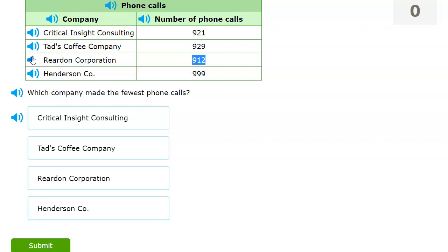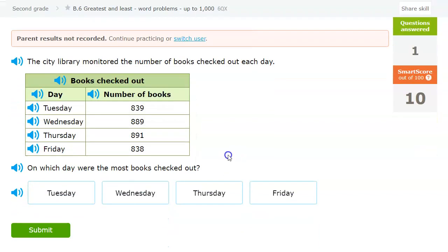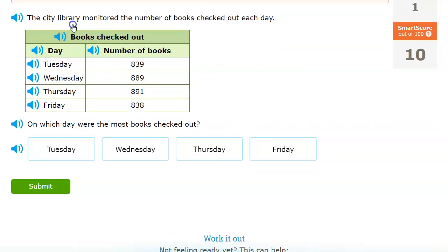Reardon Corporation. But that doesn't really matter, as long as you find the same one down here. Reardon Corporation. Right there. Submit. Awesome. Let's try a couple more.